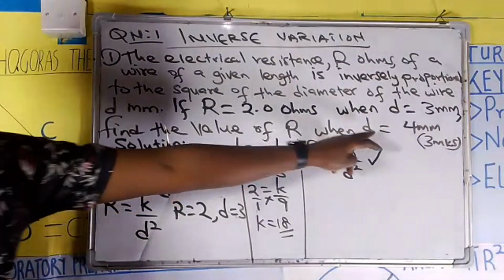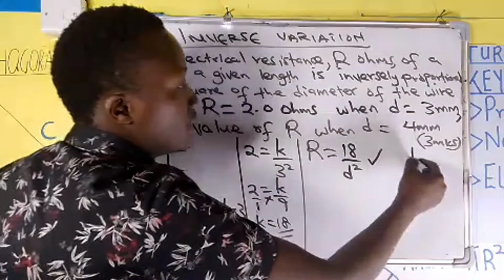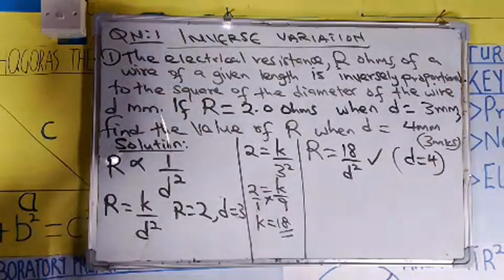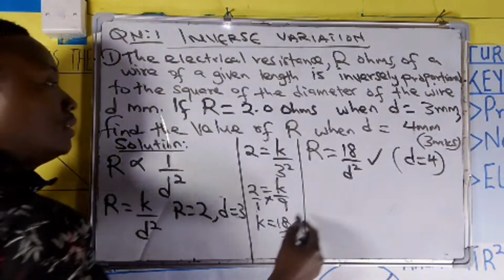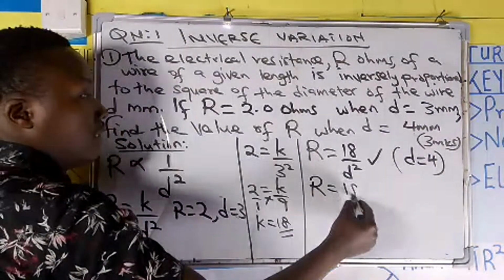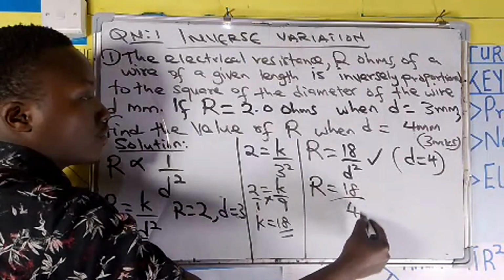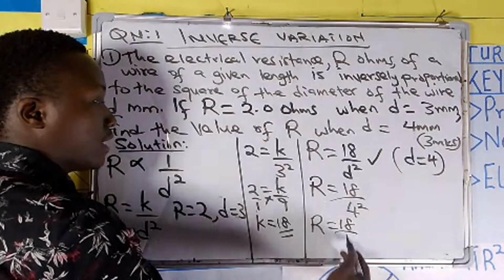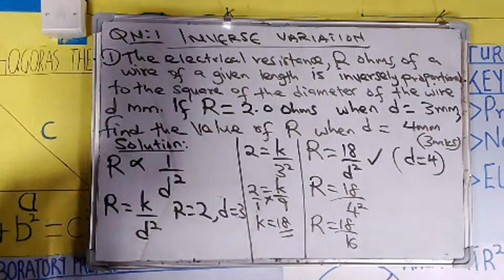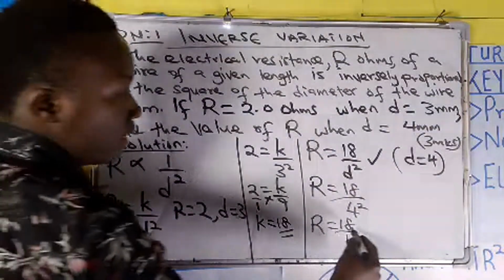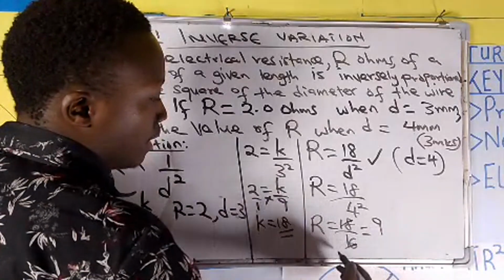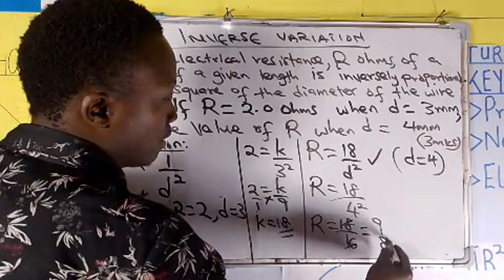So the question asks, find the value of R when D is 4. When D is 4, we are supposed to find the value of R. So what will our R be? R will be 18 over 4 squared. So our R will be 18 over 16. 18 over 16 is the same as, divide by 2, 9, and divide by 2, 8.